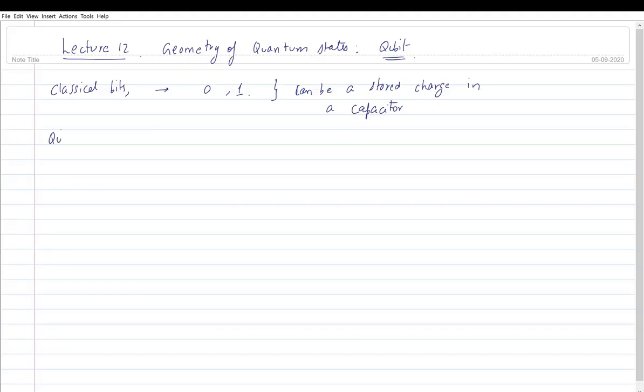Quantum bits, well, essentially it's a 2D vector space.